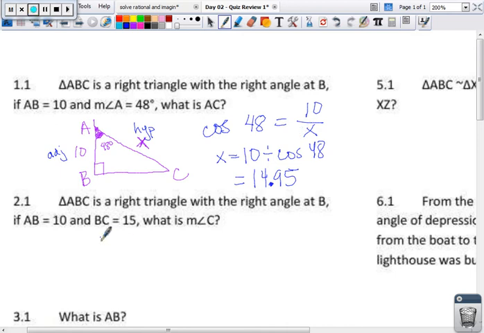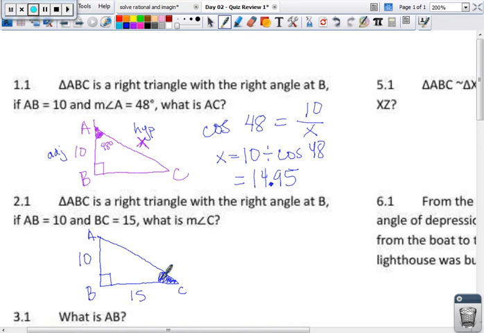Okay, number 2 is similar. We have the same type of triangle with angle B as your right angle. So we'll put A and C wherever you want to put A and C. We have AB is 10 units long once again, and BC is 15 units. What is the measure of angle C?